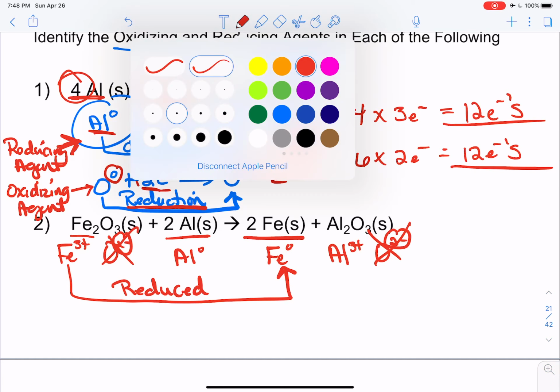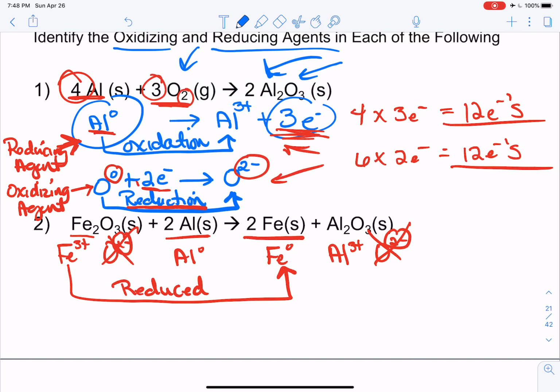Now, what's happening with the aluminum? Well, aluminum goes from Al0 to +3 there. So the number definitely is not being reduced, and we found that the iron was being reduced. So we know that that one is oxidation, okay? So oxidation is loss of electrons.